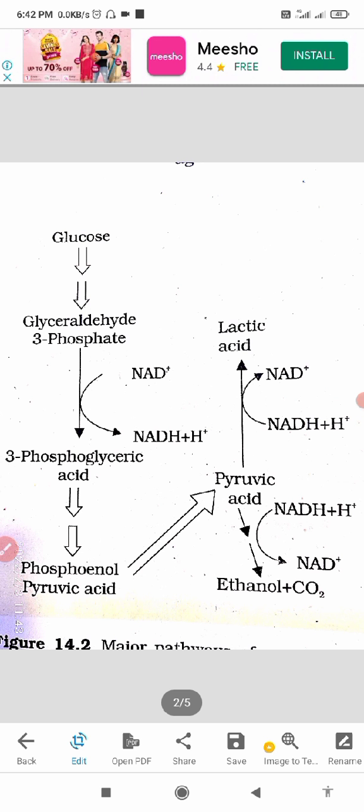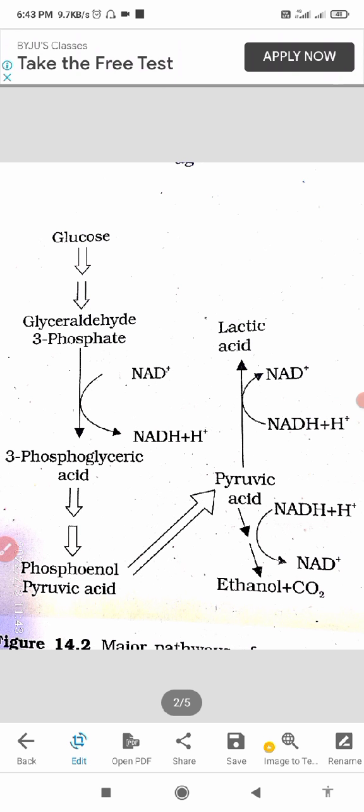Lactate fermentation takes place in human muscular cells, while in yeast, where oxygen is not available, this pyruvic acid gets converted into ethanol and carbon dioxide as a result of the action of NADH and hydrogen ion added to the pyruvic acid.